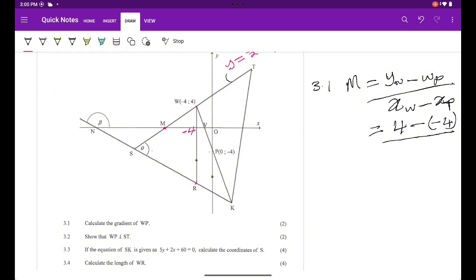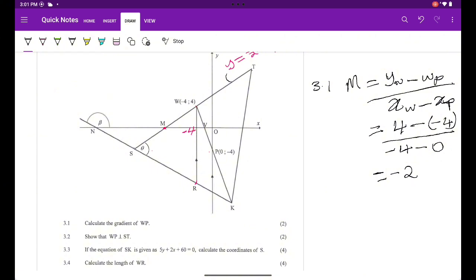The x value at W is -4, at P it is 0. So 4 minus -4 is +8, over -4. So it's -2.